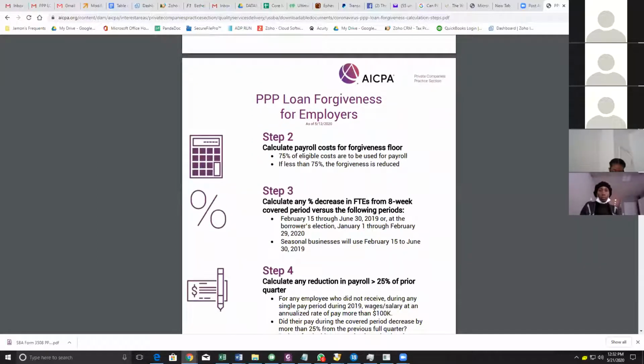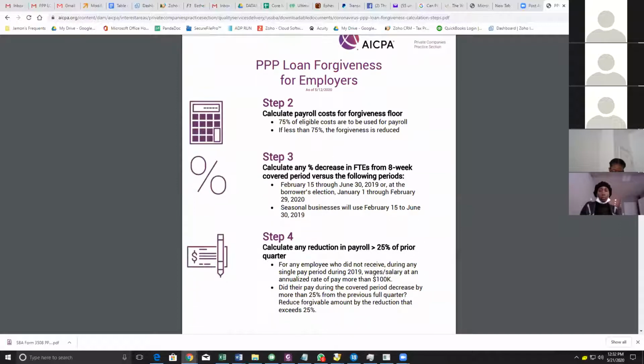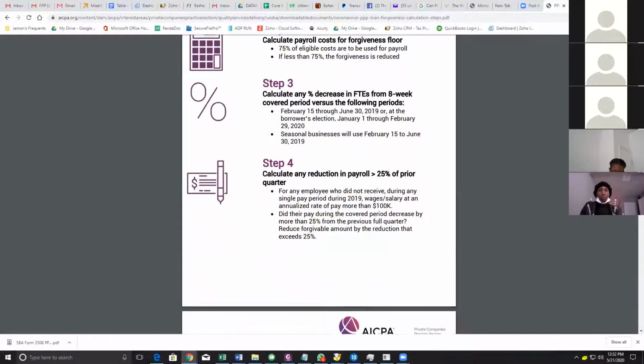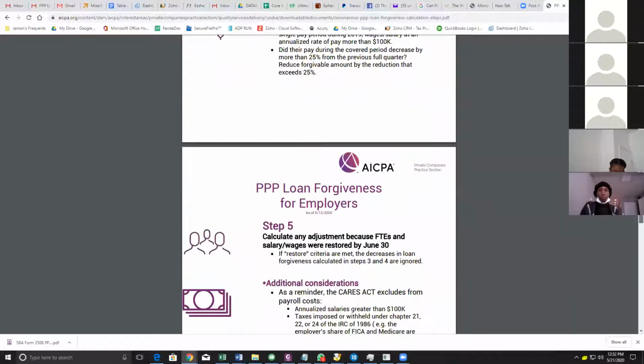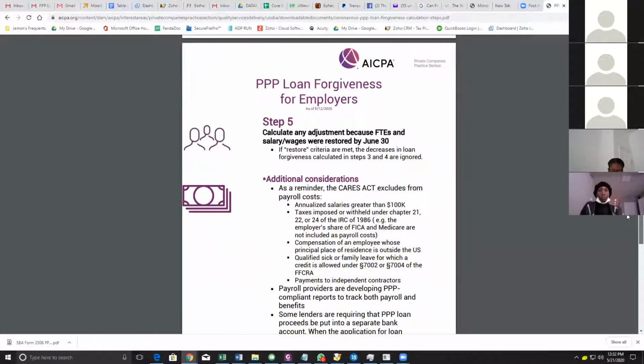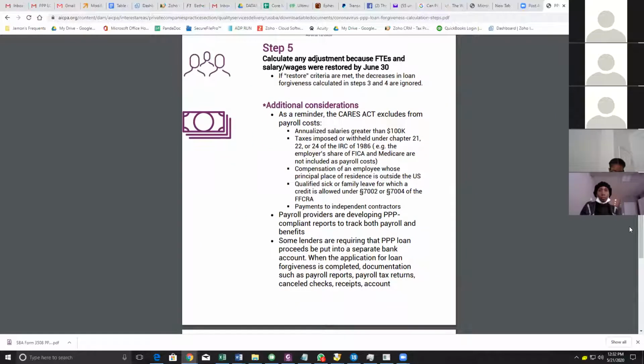So we've talked about calculating the payroll cost, calculating any decrease if you have full-time employees, calculating any reduction in payroll, and any adjustment in wages. Now, if you have employees and they refuse to come back to work, you will not be held responsible for the forgiveness amount.